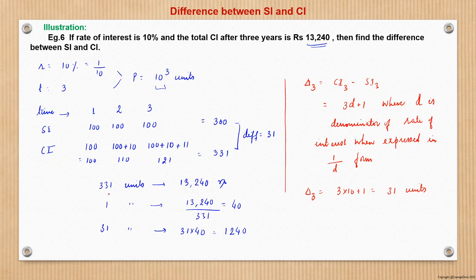And we know that 31 units is what we have to find. So this middle part we could have avoided simply, right? This is the standard result which we can remember also.